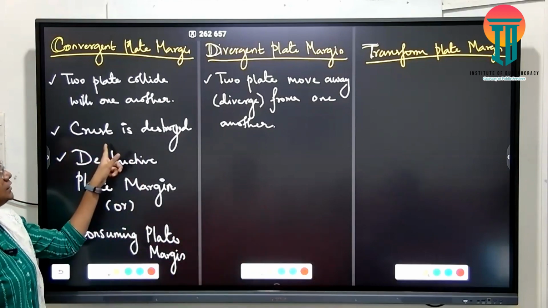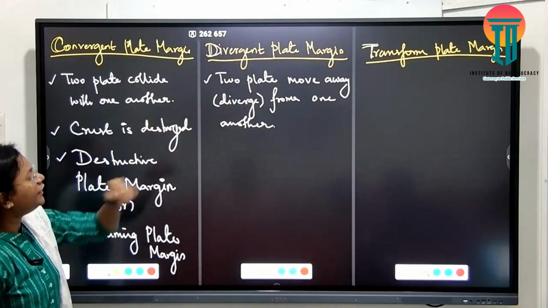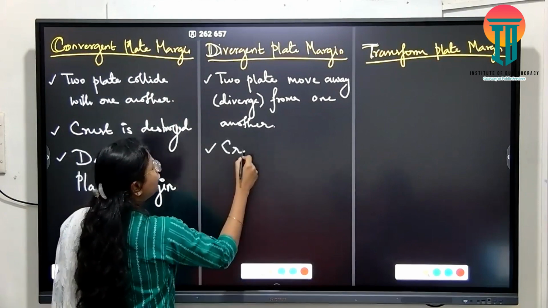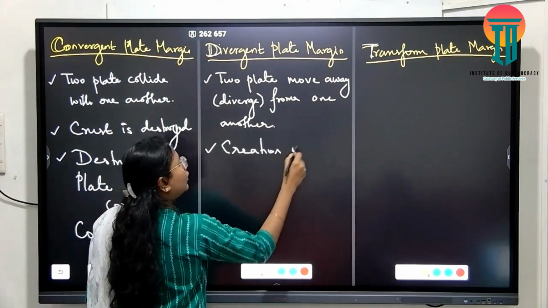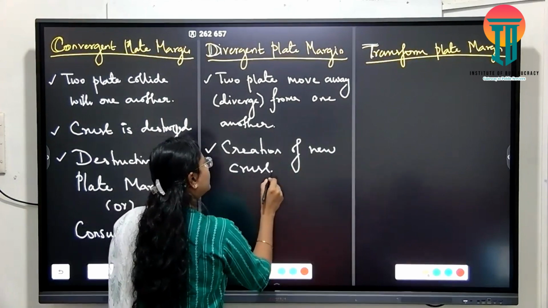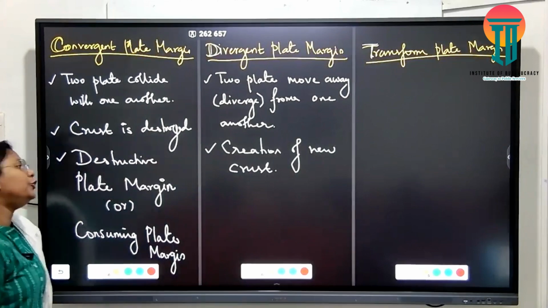Divergent plate margin is characterized by creation of new crust. Creation of new crust.